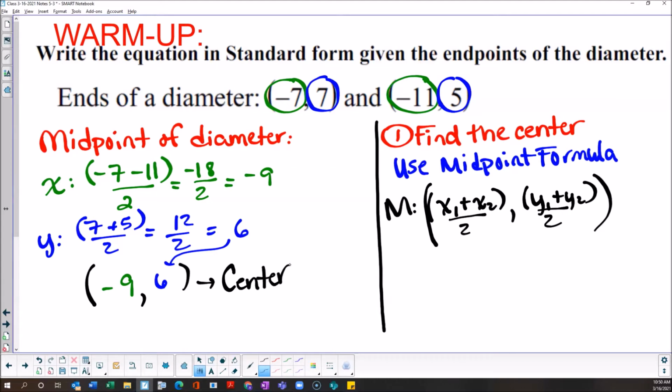So if my goal is to write this equation in standard form, I already have half of the equation completed. And the next part I need to do is find the radius. So what formula am I going to use to find the radius? The distance formula, exactly.